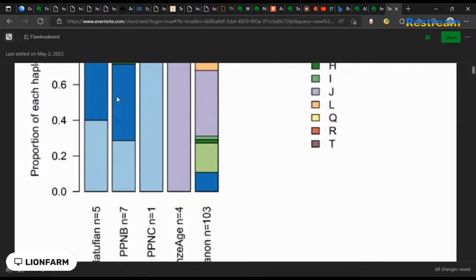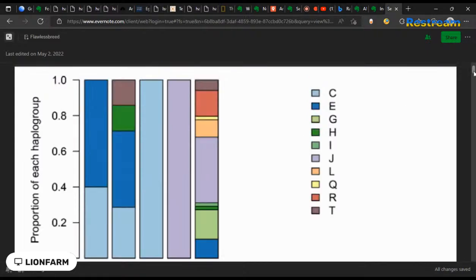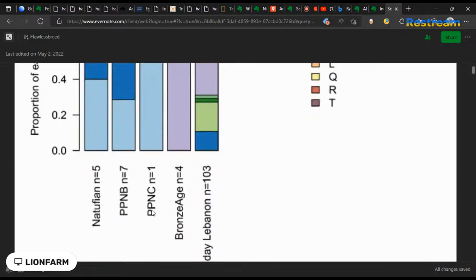Neolithic time frame, we get H. We get right here, we get T. So this color is T, and we also get an H group. So we get H with the blue, which is E, with the C group. So C and E was in the early Natufian. Then you get the transition to the Neolithic, and then all of a sudden, after the Neolithic, about the Bronze Age, you get a bunch of J's come in.